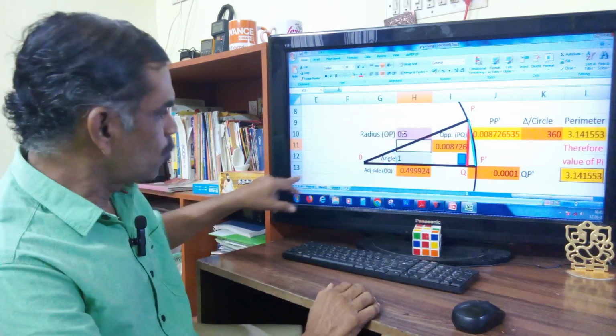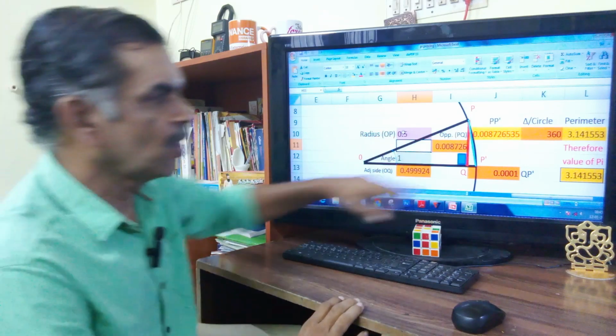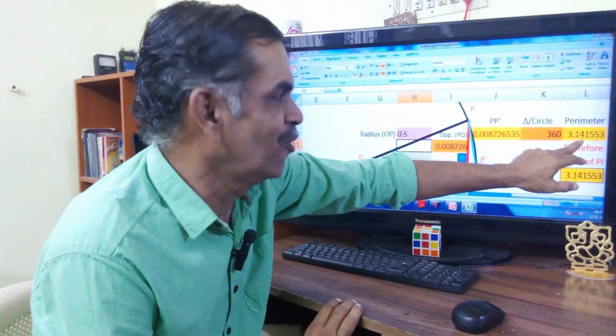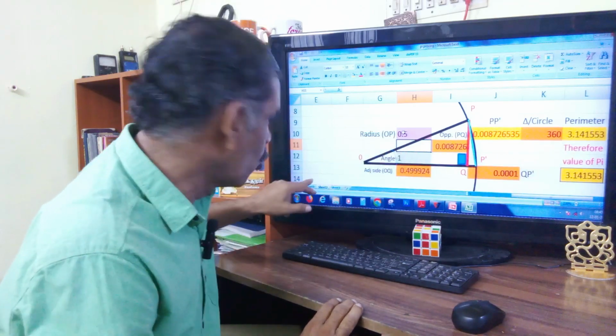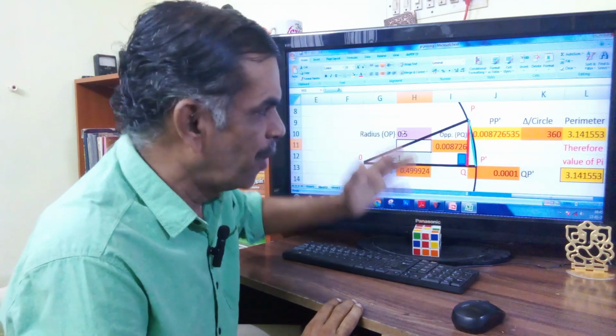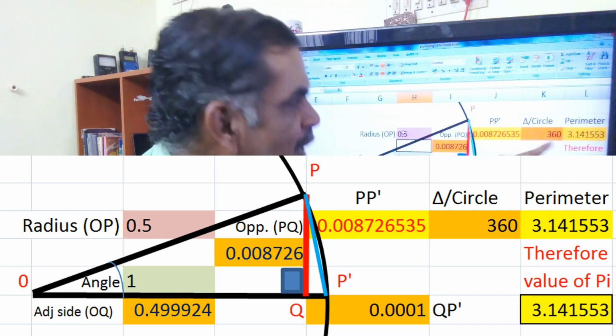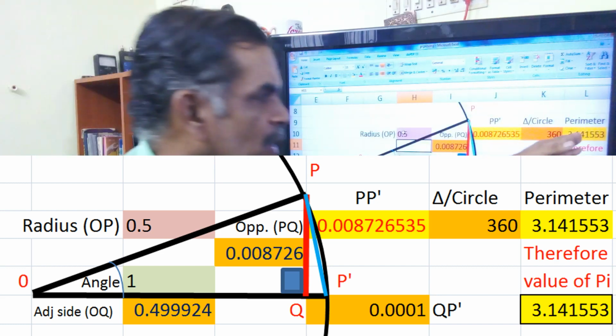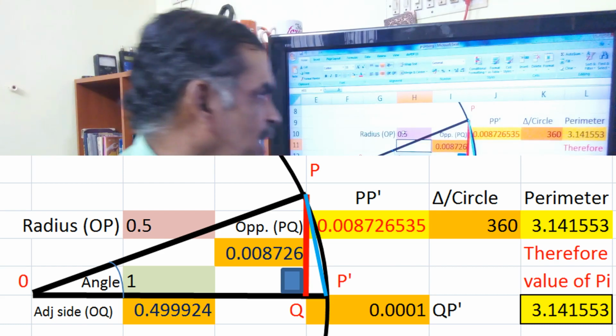So the diameter is 1 centimeter for the circle. We will get the perimeter directly as the pi value, because diameter 1 into pi is equal to perimeter. So 1 into 3.142 is 3.14. So we get the value of pi directly.